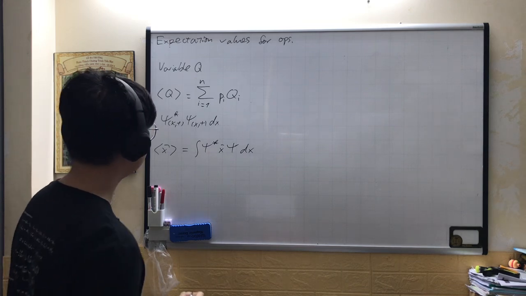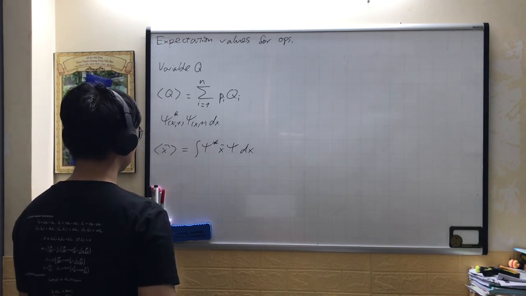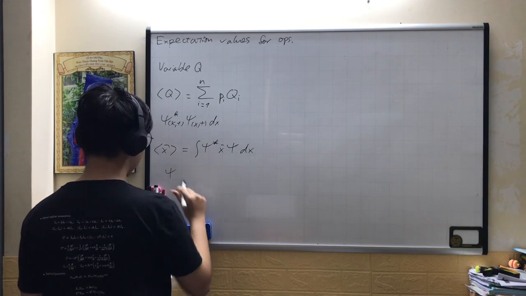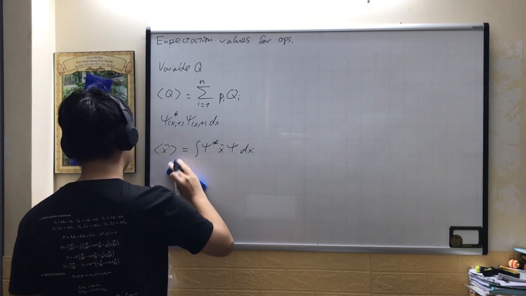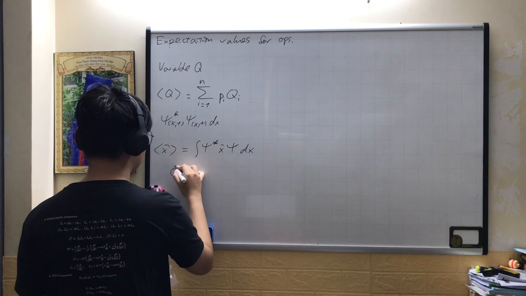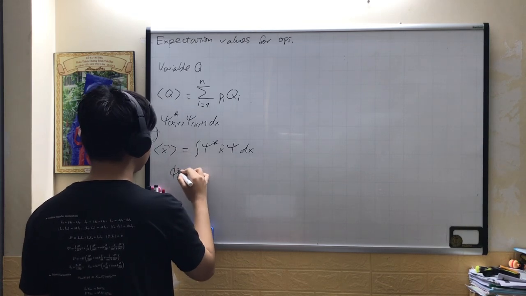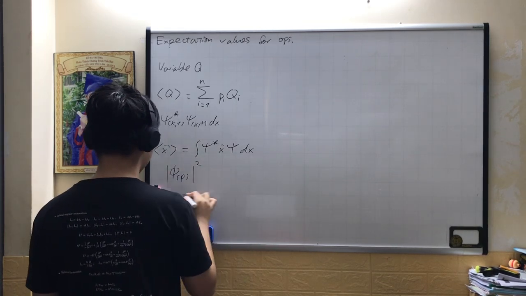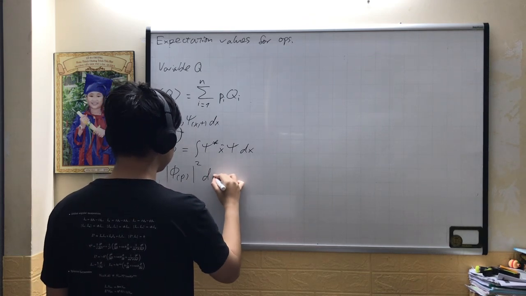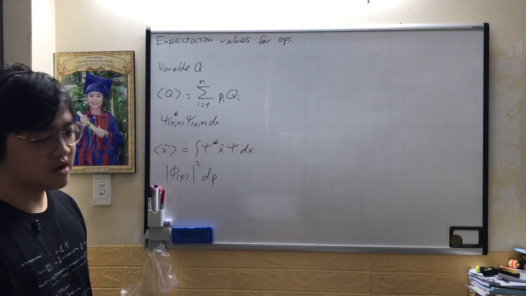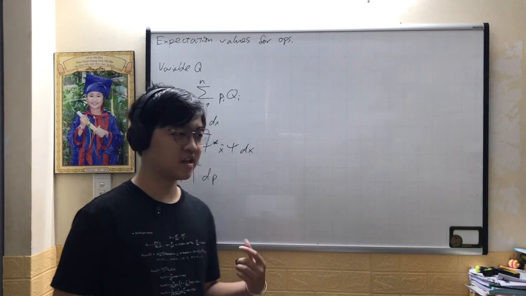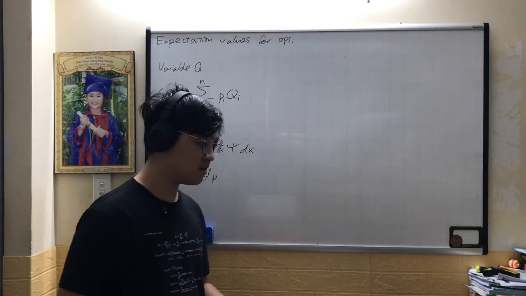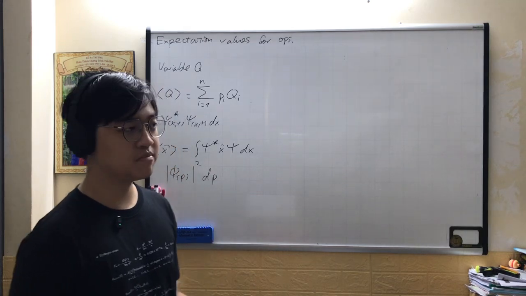And we have the same for momentum. If you have a function for momentum, for example phi of p, then phi star phi dp would be the probability to get the particle that has momentum in the interval p to p plus dp.